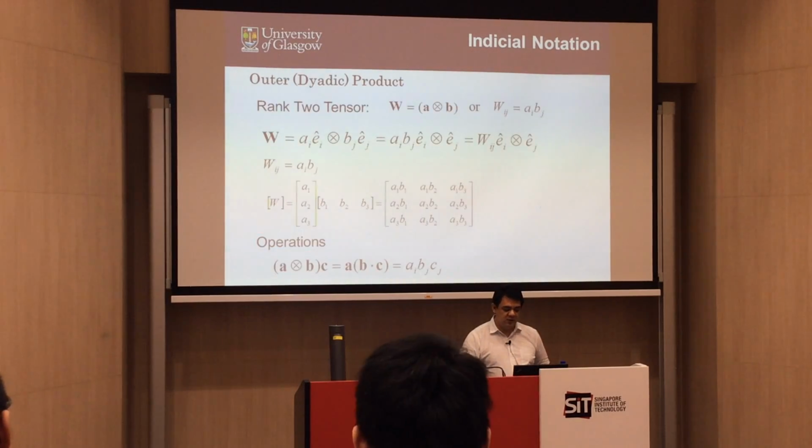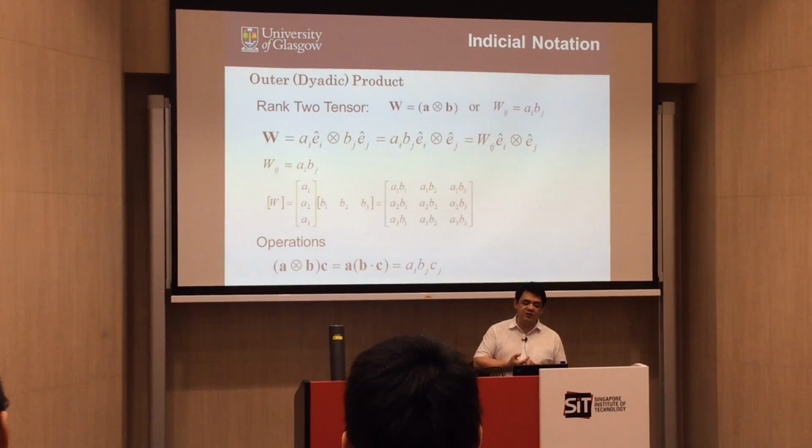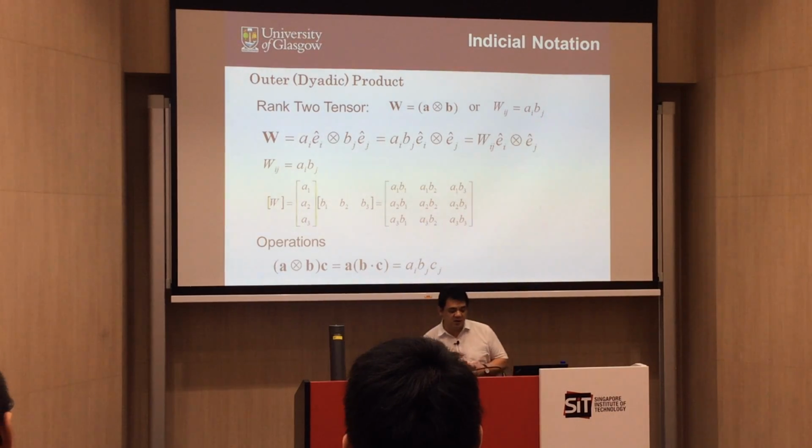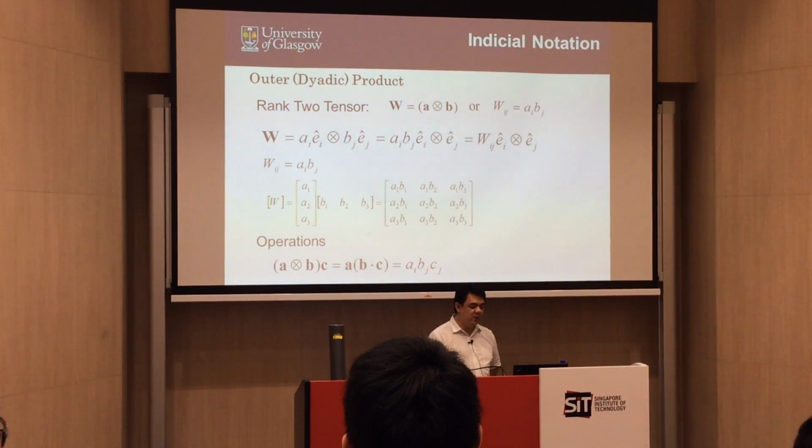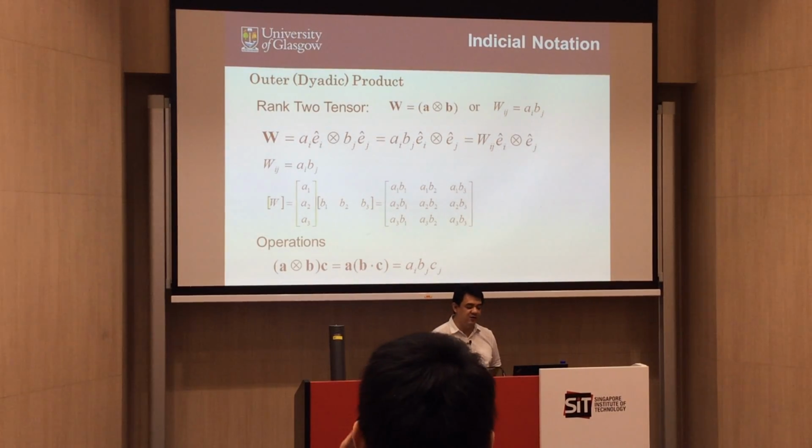Okay? Dyadic tensor, dyadic product, this value actually increases the size or the rank of your tensor. We will be going through this one with some examples later if we ever encounter the need to.